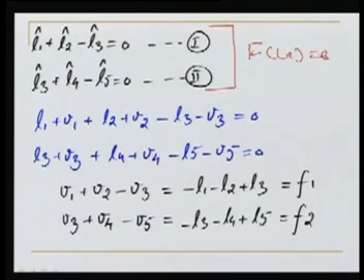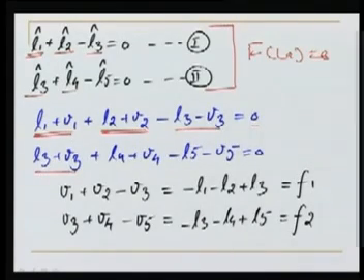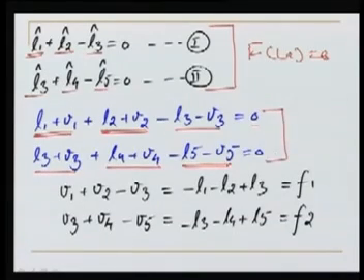For L1 hat you write L1 plus V1, L2 hat is L2 plus V2, minus L3 hat is L3 plus V3, so because of the minus sign, minus L3 minus V3, equal to 0. Similarly, L3 plus V3, L4 hat, L4 plus V4, minus L5 hat, minus L5 minus V5, is equal to 0. So basically in place of LA we have replaced it by LB plus V.